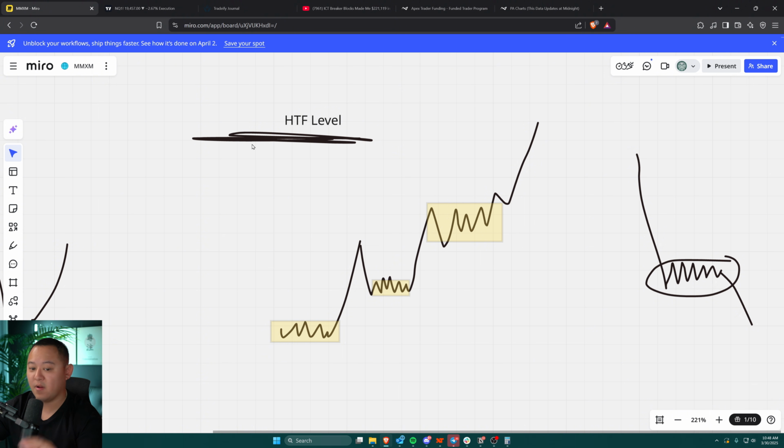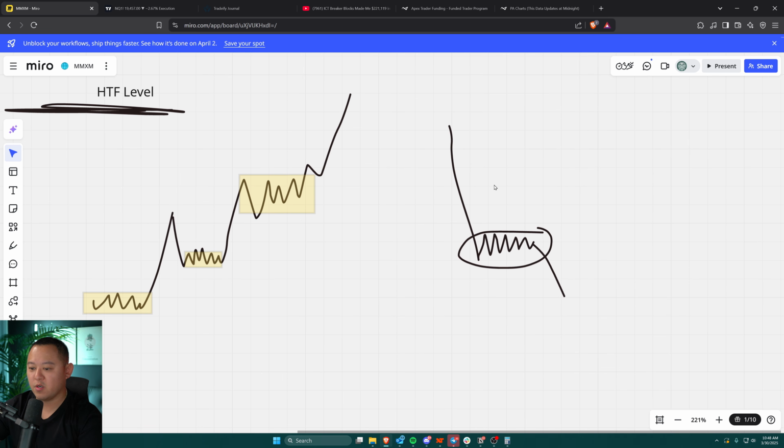That high time frame level is one or 2 time frames above where I'm finding this analysis. Because if I can spot these market conditions and the overall direction of where this market is going, I'll have a greater sense of where the target is going to be.